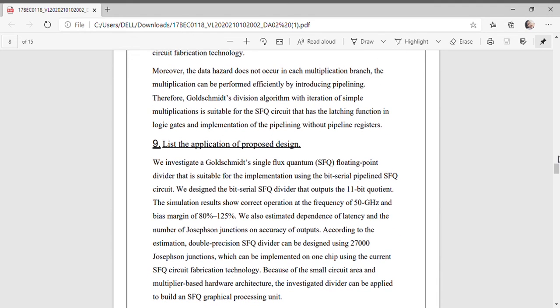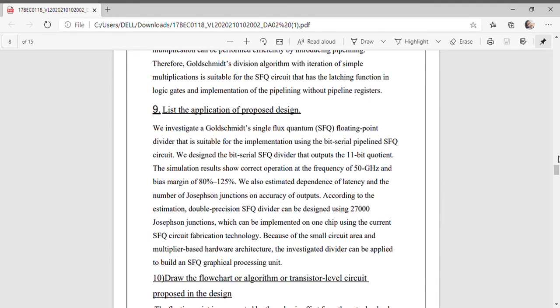Moving on to the next question. List the applications of proposed design. Considering this, this is one of the very few papers that found an SFQ algorithm for division using Goldschmidt's algorithm.